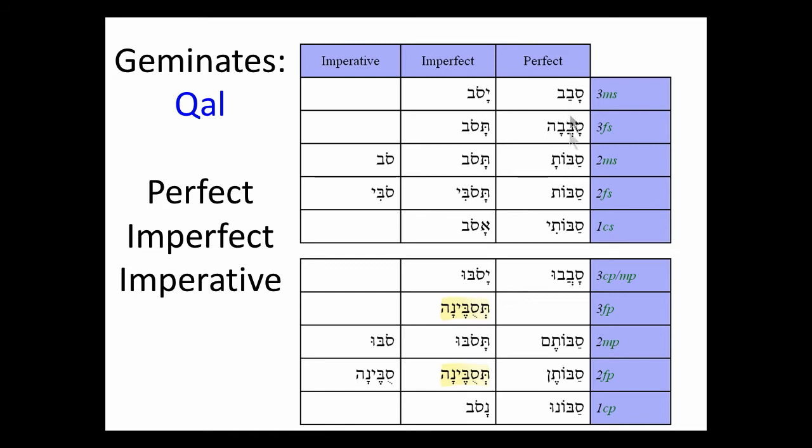So double bet in all of these forms. They all show the double consonant, two and three. And of course your endings, you've got your suffix perfect endings memorized by now. So the perfect should be no problem with geminates. Look at the endings. Do I have the doubled consonant? Are consonants two and three identical?